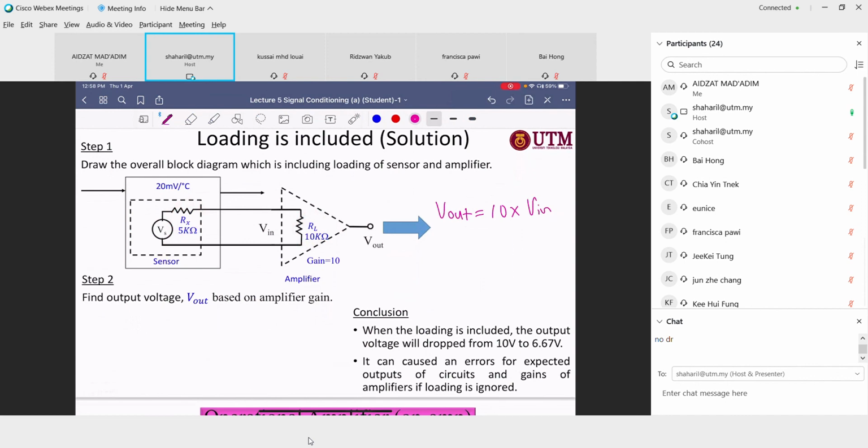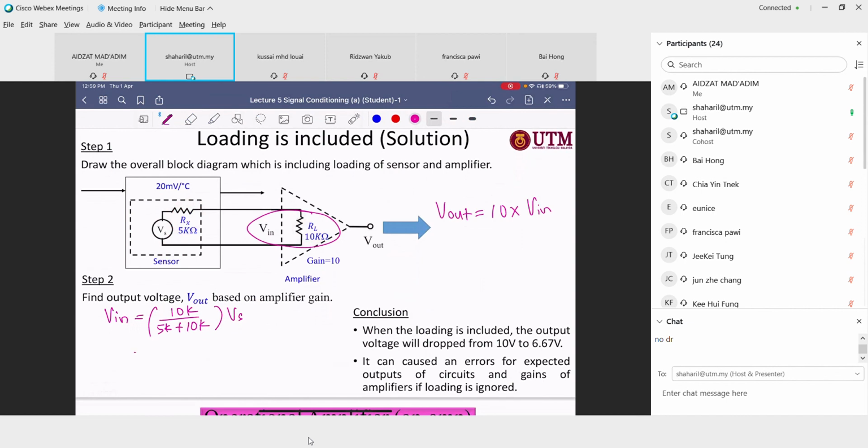So how to find the V in? V in is only the voltage divider: 10k over 5k plus 10k, and then you need to multiply with the Vs.